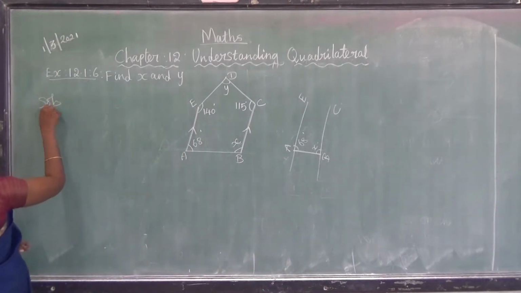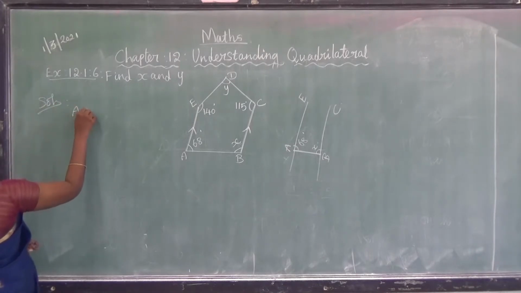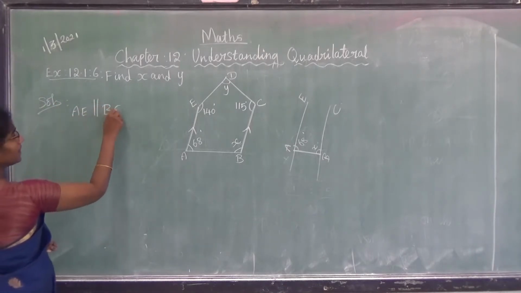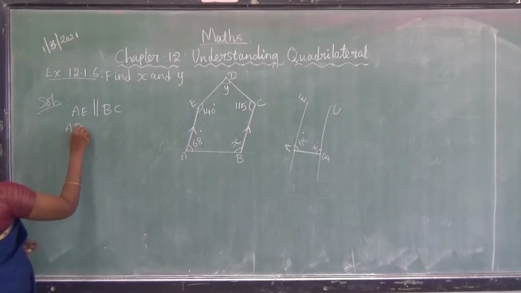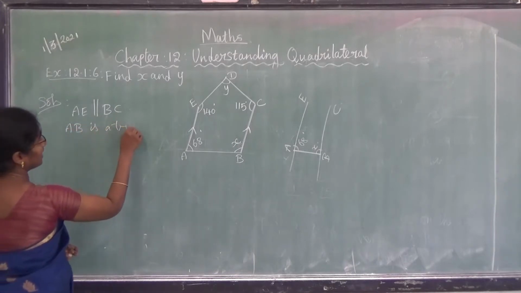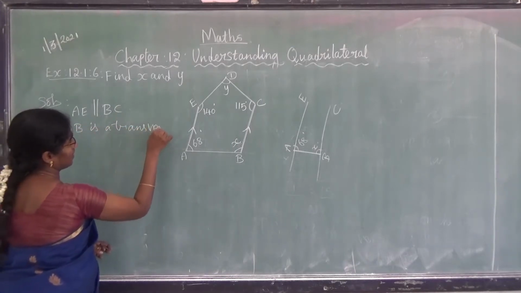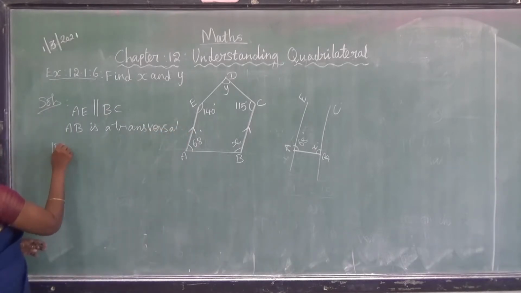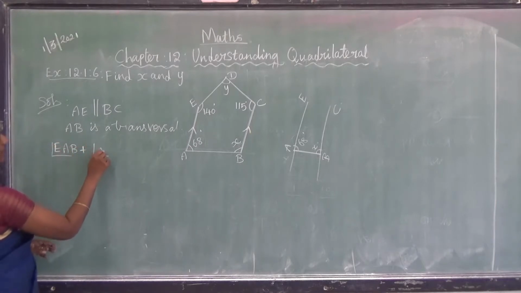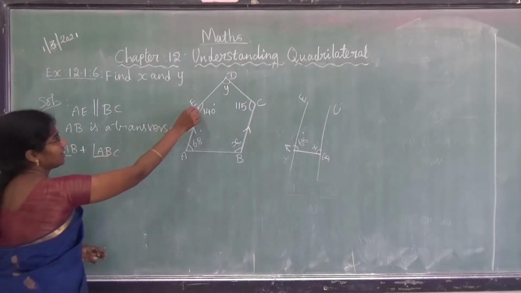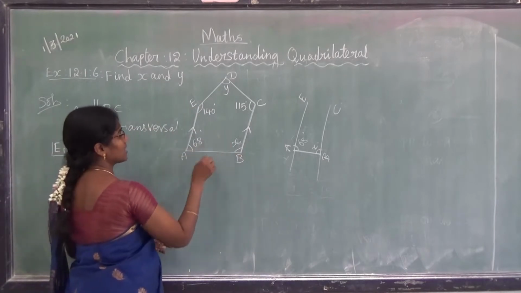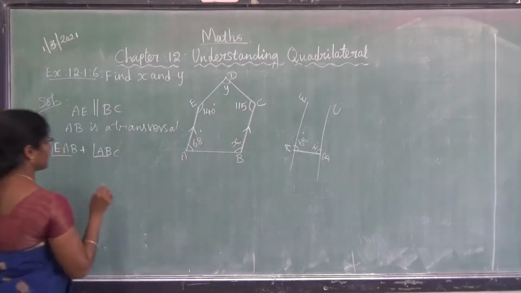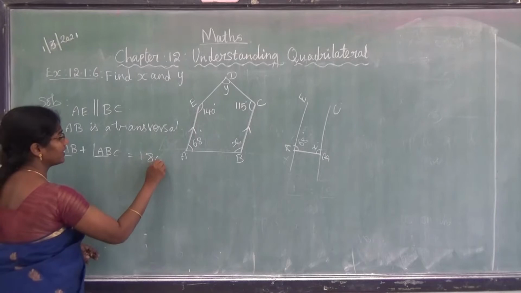So AE is parallel to BC and AB is a transversal line. Therefore angle EAB plus angle ABC is equal to 180 degrees.